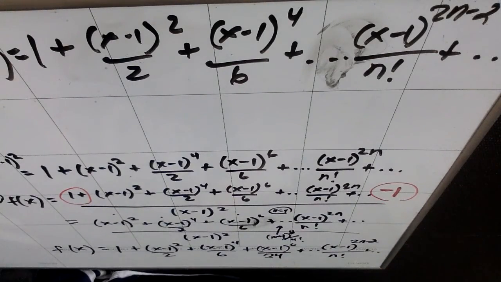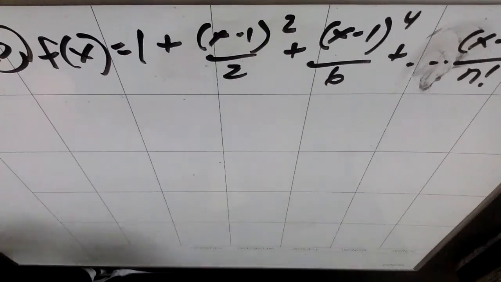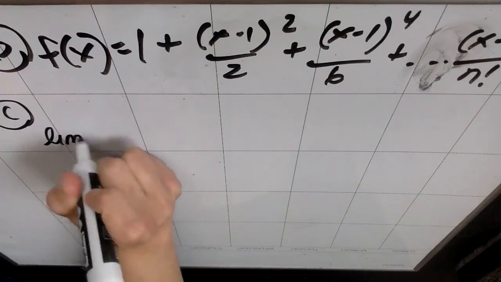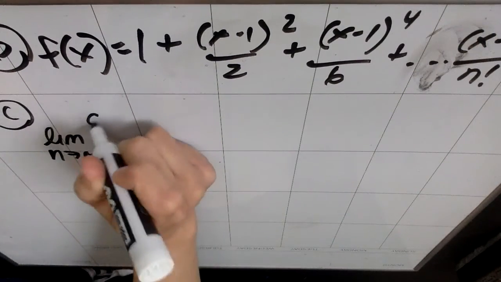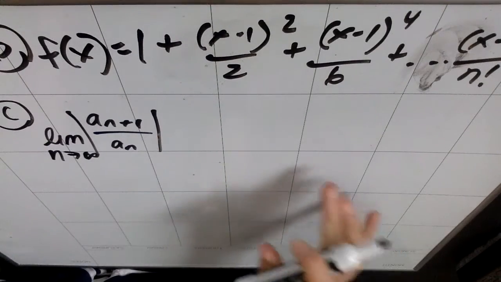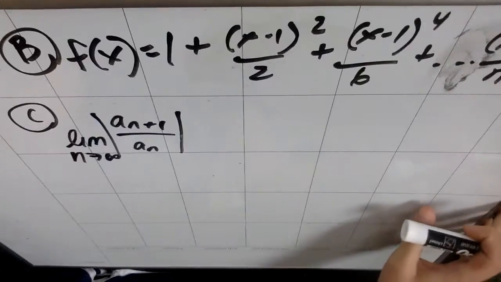Okay, so that's what we're going to need, is that nth term from B, okay? So, cool. So now, the ratio test, right? The ratio test says that we do the limit, right? So the ratio test in part C, we do the limit as n approaches infinity of a sub n plus 1 over a sub n inside an absolute value. So that's going to mean that the top term is going to be this nth term with an n plus 1 plugged in for all the n's.